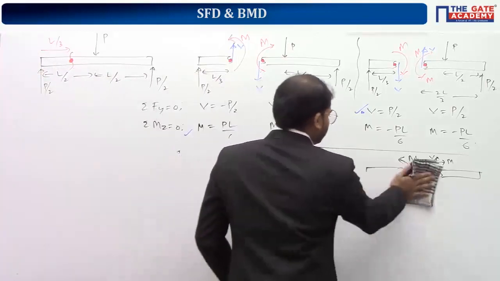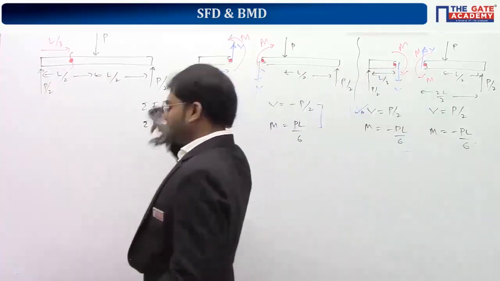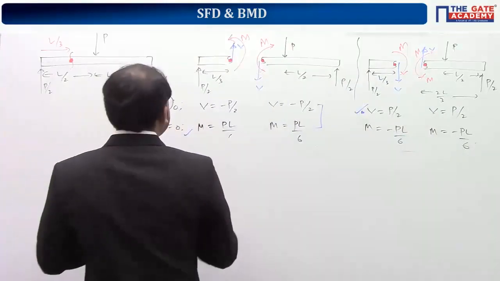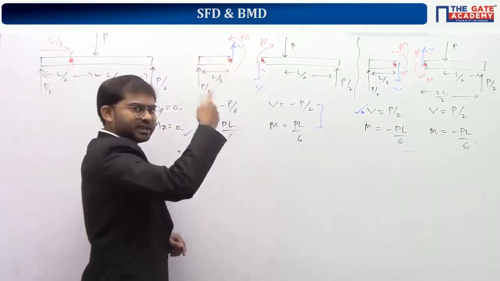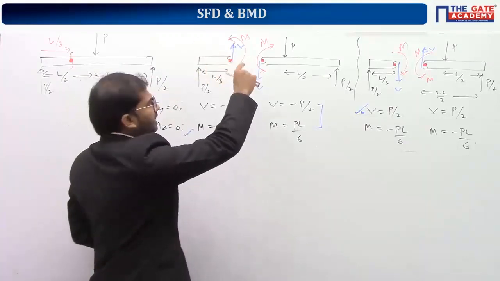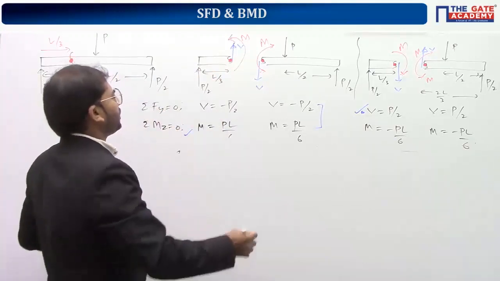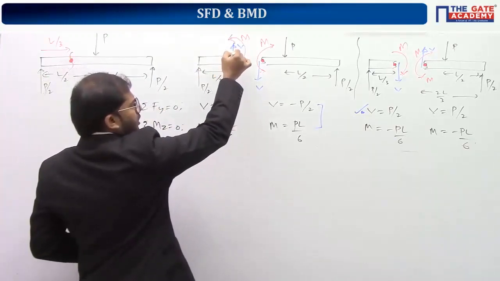Fine, okay, that's okay. I will redraw this sign convention diagram once again. So here, in this diagram, I am taking moment about this point. I am telling it once again: you can take moment about any point, but taking it about this point will give you the answer fast. You can remove unnecessary steps. About this point, V is passing through the point, so it will not cause any moment.